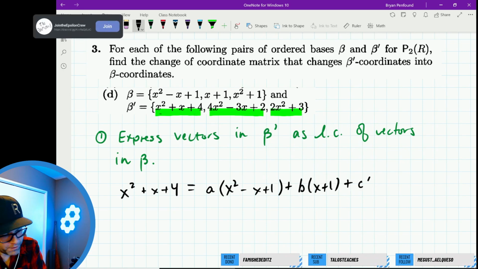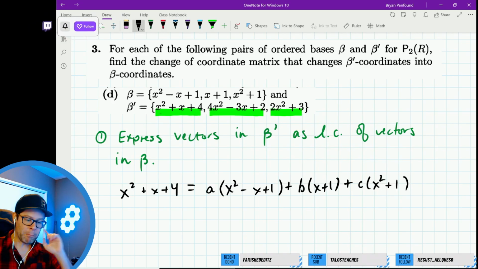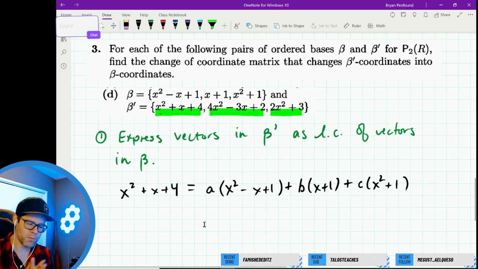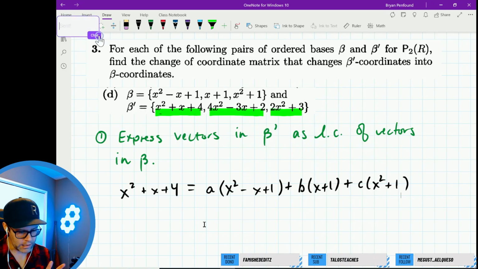This is definitely not easy to do, but maybe if they've given us super nice vectors to work with, sometimes you can guess and check. But this looks like it could be a little tricky, right? A and C both have x squared, A and B both have x's, and A and C both have constants.